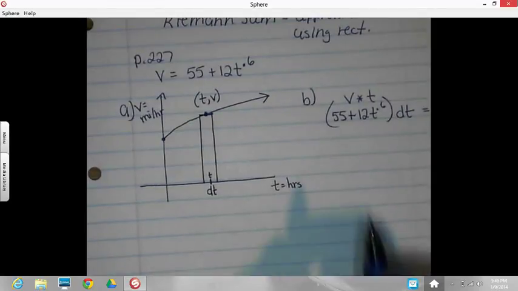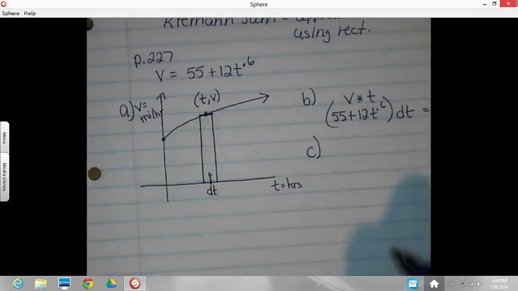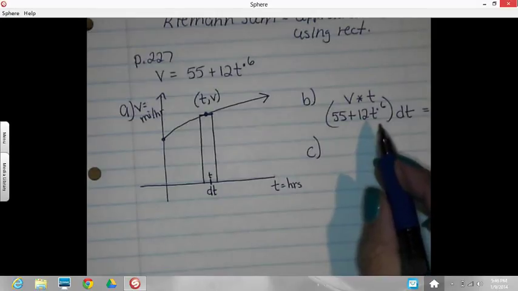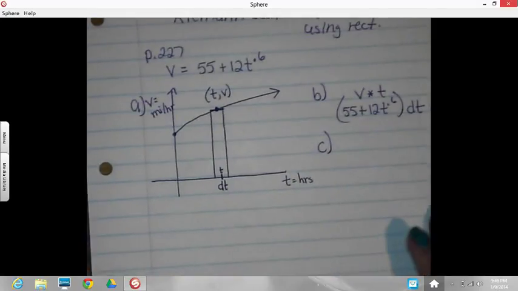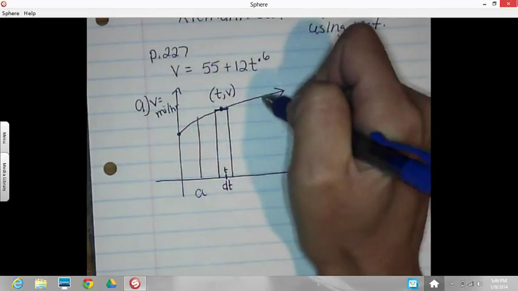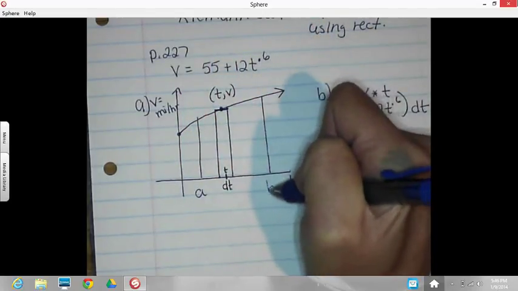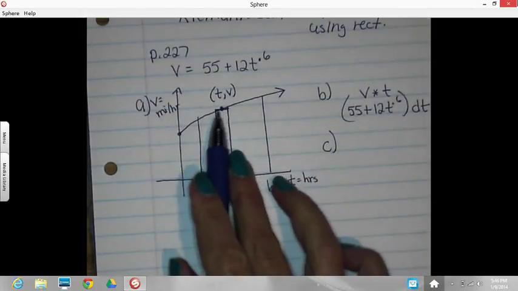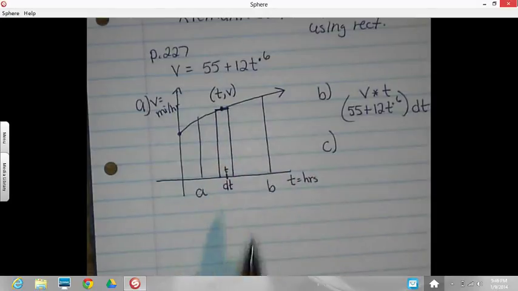Okay, part C says write a Riemann sum for your approximate displacement as distance between A and B. So what they did in the book was they just made it a little bit wider, A to B. Remember, a Riemann sum just chunks this all up into all of these same size rectangles all the way through here and adds up all of the areas.